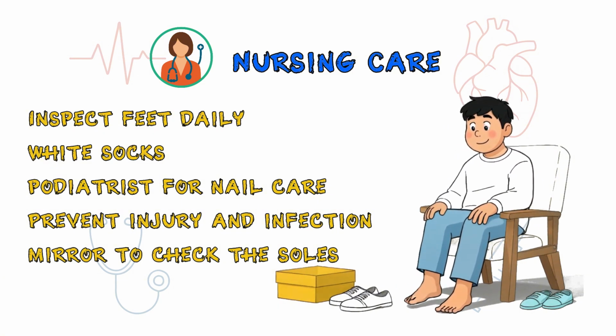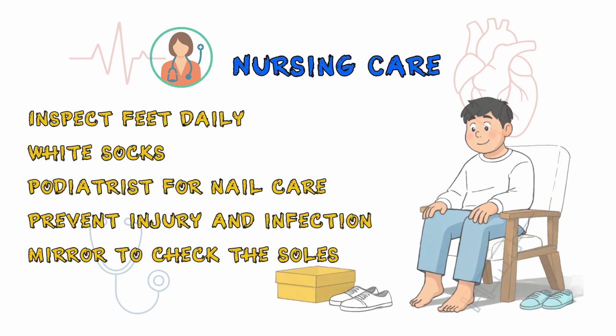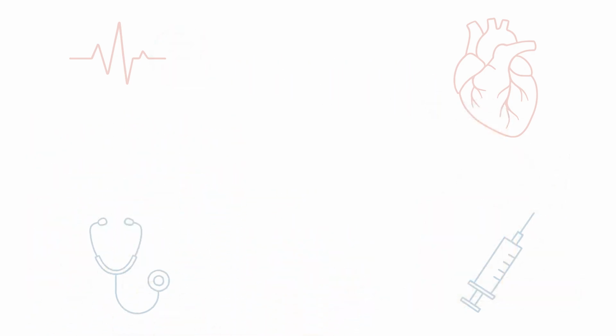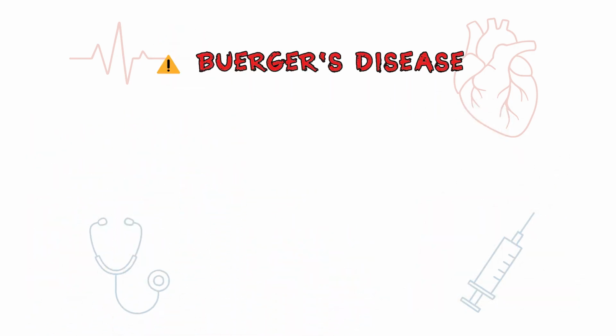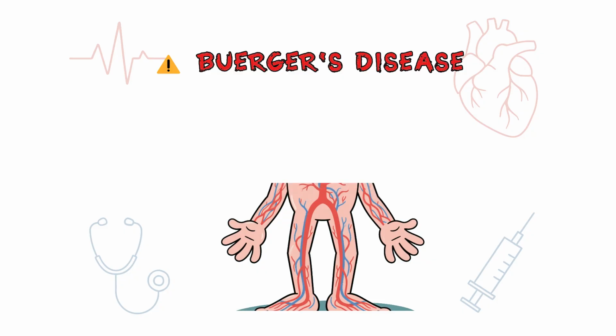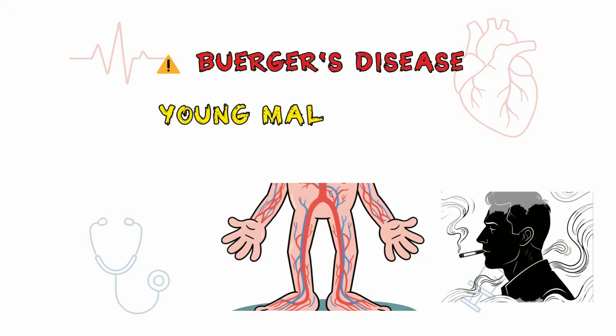If we talk about peripheral artery disease, we can't skip Buerger disease, also called thromboangiitis obliterans. It is an inflammatory disease of the small arteries and veins, especially in the hands and feet. The classic NCLEX profile is a young male smoker, usually under 45.